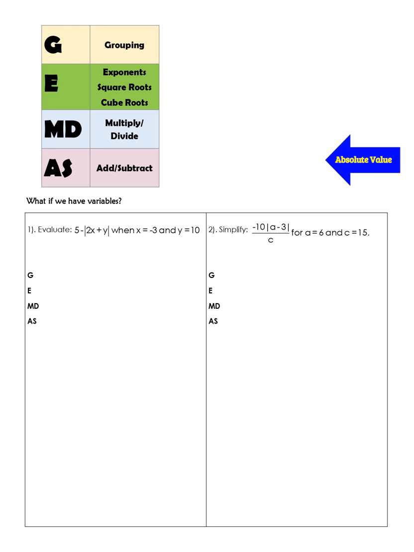So where does absolute value fall? It falls under the grouping symbols. Absolute value is done with brackets and parentheses. So when we're evaluating expressions, we do the same thing that we did the last few days. The first thing we do is we put the variable in parentheses. Step number 1. Then we substitute.